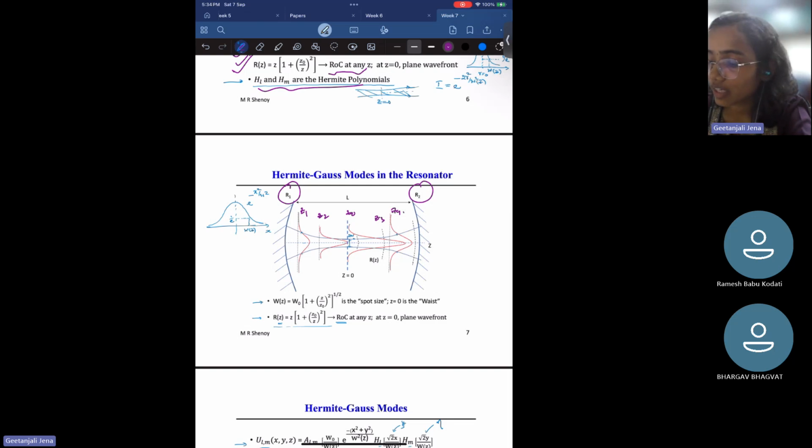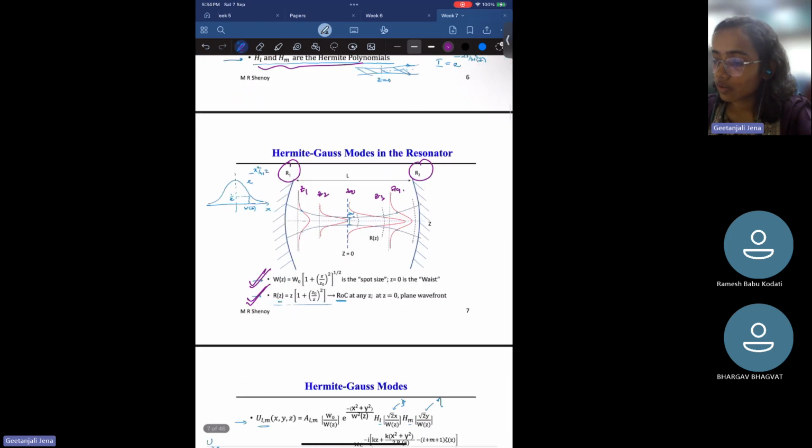So that means the spot size and the ROC are changing at different locations inside this resonator. ROC is the radius of curvature of the beam.